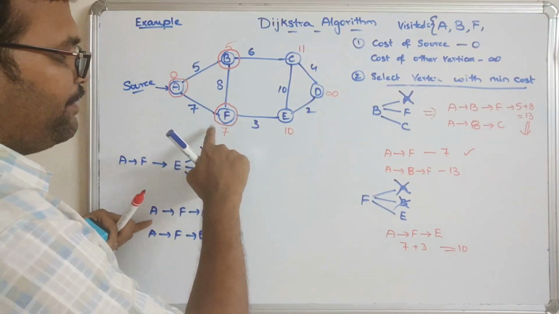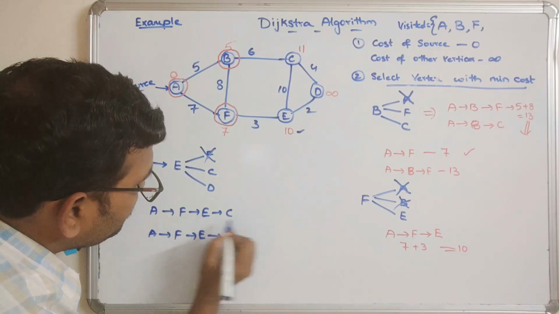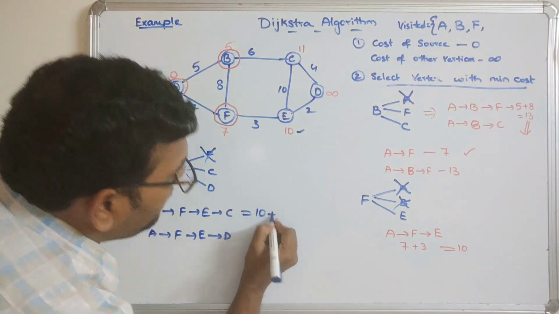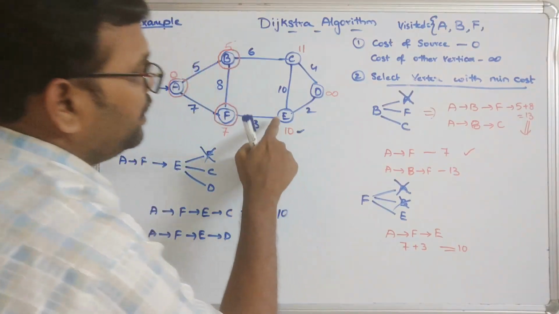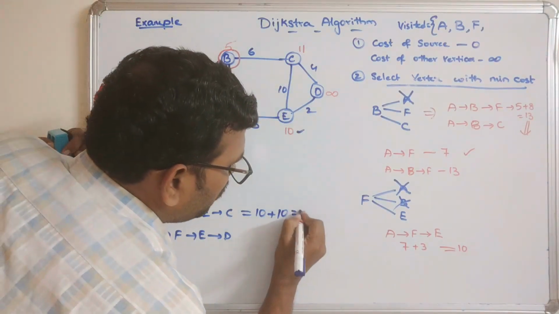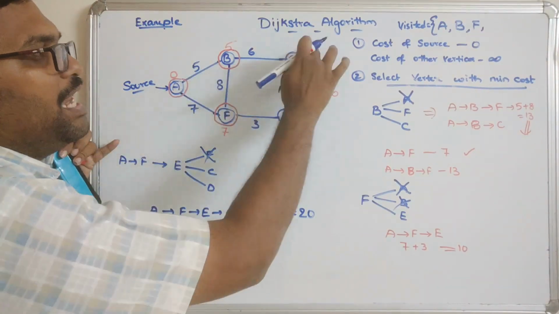A to F is 7, 7 plus 3, 10. So here we got 10. So 10 plus C: E to C it is 10. So total 20.